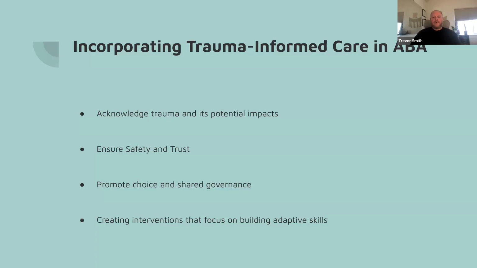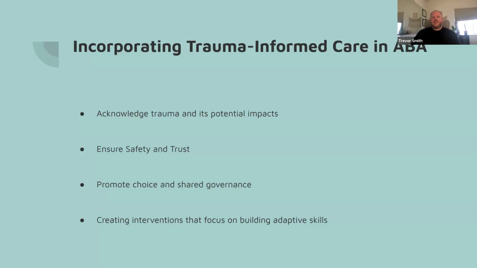The last step of incorporating a trauma-informed approach in ABA is to create interventions that focus on building adaptive skills. Helping to learn adaptive skills like functional communication can help to ensure that basic needs are met, and the ability to express their emotions and how they're feeling can help others understand what they're going through at the time.